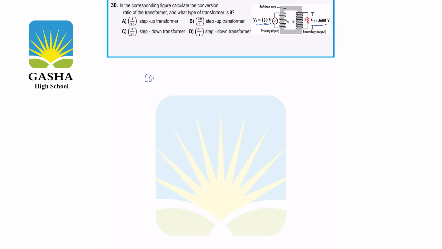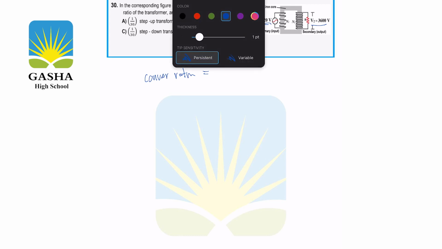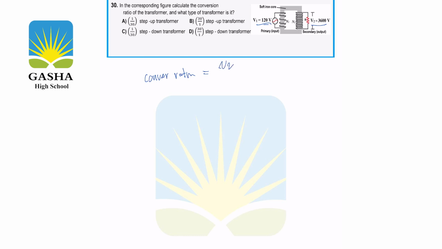We already know that the conversion ratio is equal to V2 over V1 and N2 over N1. And how to find N2 over N1?